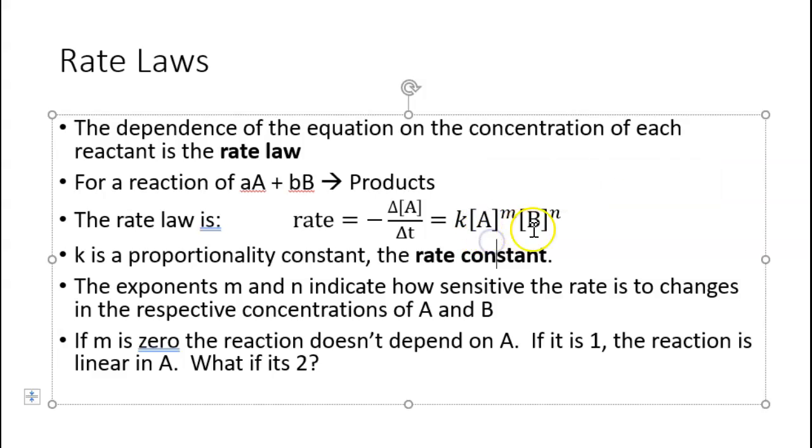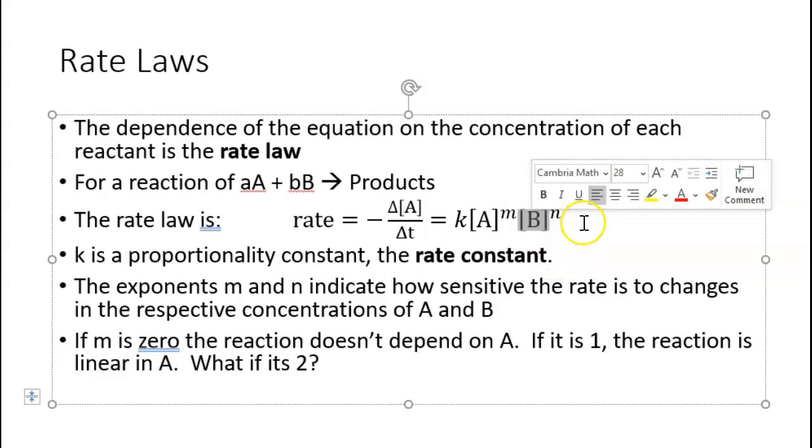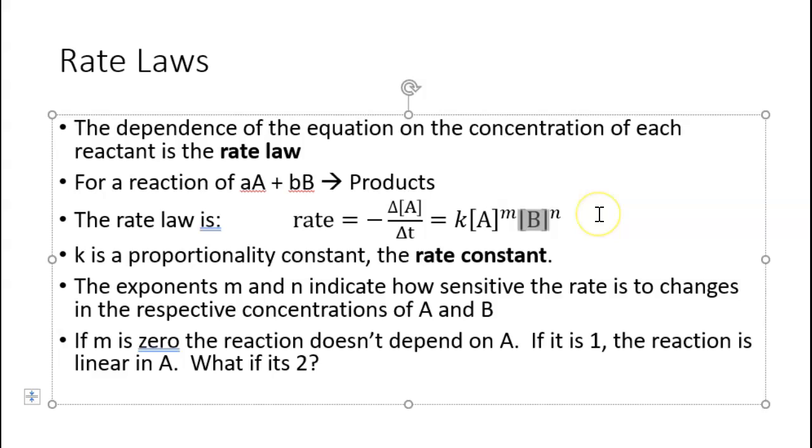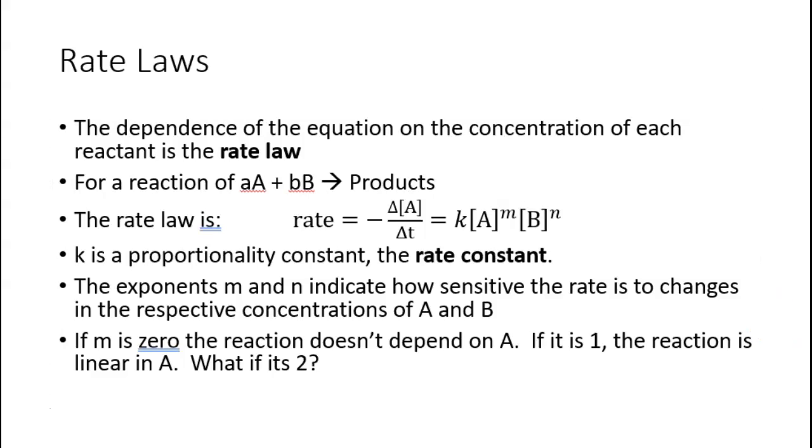A is the first reactant, B is the second reactant, and if we had more, we would go on to C, D, E. It would all be included in the rate law, raised to some power: A is to the m power, B is to the n power. So each reactant in the rate law is raised to an unknown power, and it's up to us to determine the values in this expression.